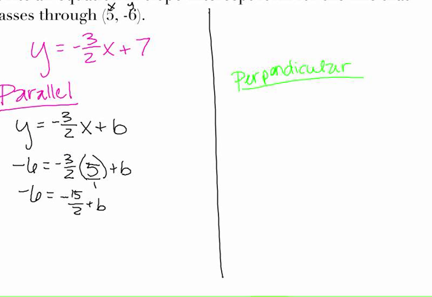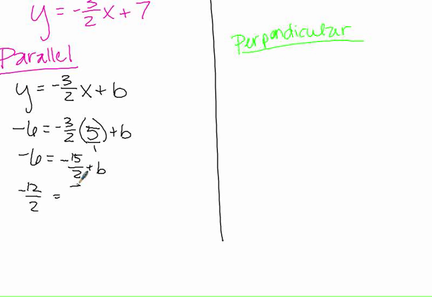But now I've got a fraction that I need to find a common denominator for. So I can write this as -12/2 because we know that is equivalent to a 6. And that will help me when I'm adding 15/2 to both sides. So add 15/2. In this case, 15 minus 12 gives me a 3, so I've got 3/2 equals b.